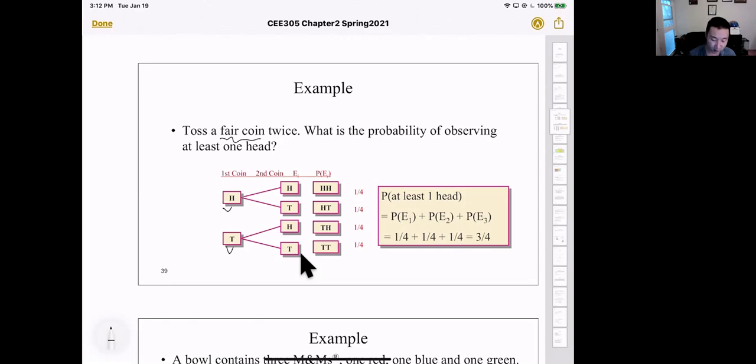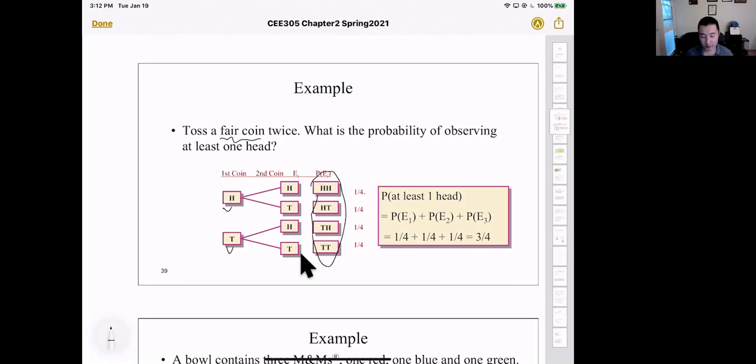Then for the second toss, if the first coin is head, the second can also be head or tail, so we have head-head and head-tail. If the first toss is tail, then the second toss can also be head or tail, so we have tail-head and tail-tail. These four are all the possible outcomes of tossing the coin twice. Because they are equally likely events, each of these four has 25%, 1/4.